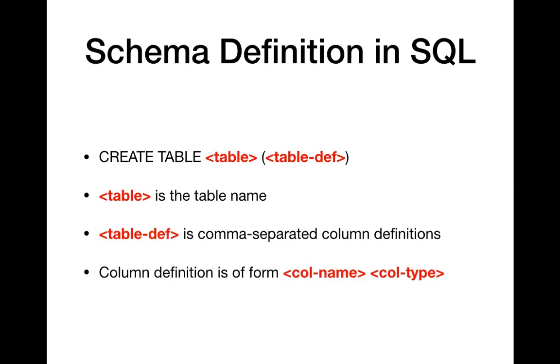Create table, then you write the name of the table, and then between parentheses, you have a comma-separated list of column definitions, where each of those column definitions consists of the column name and the column data type. Now, let's make things a little bit more concrete. So in the following, we are going to use a very simple university database with information about students as a running example.